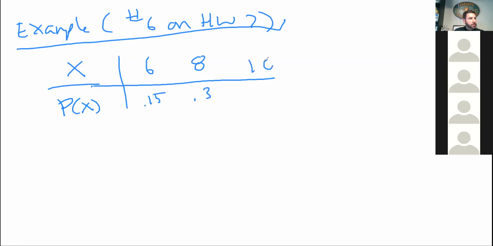The probability that 10 people show up is 0.35. The probability that 12 people show up is 0.1. And the probability that 14 people show up is 0.1.